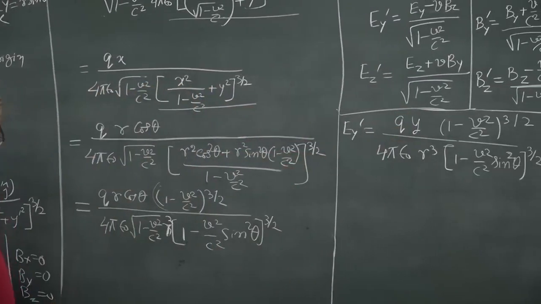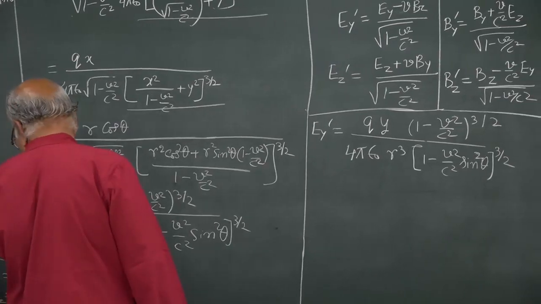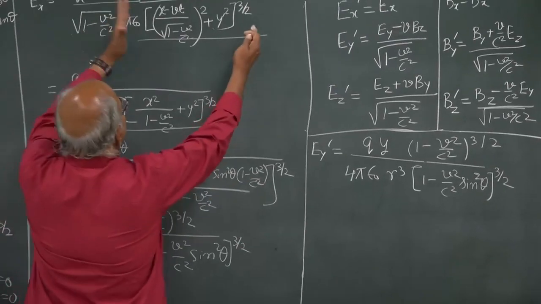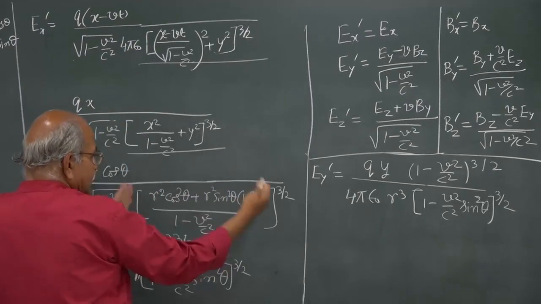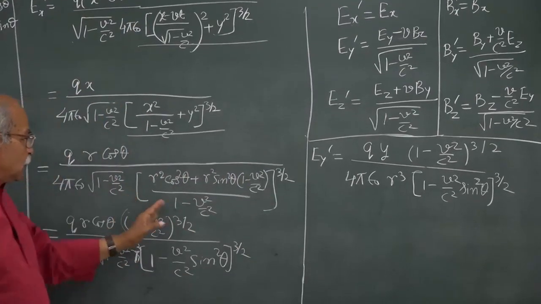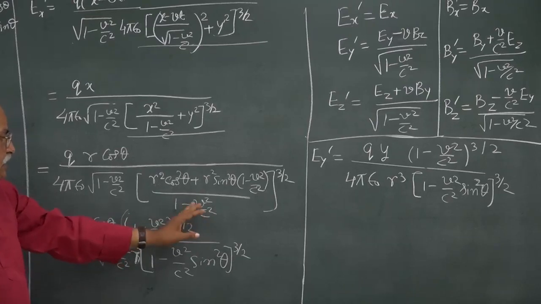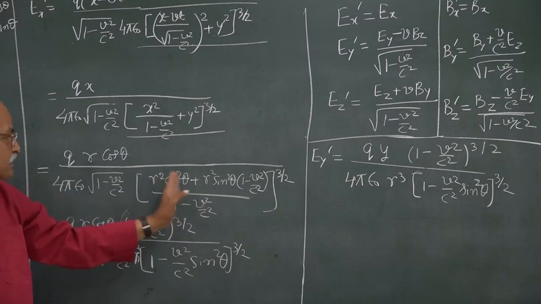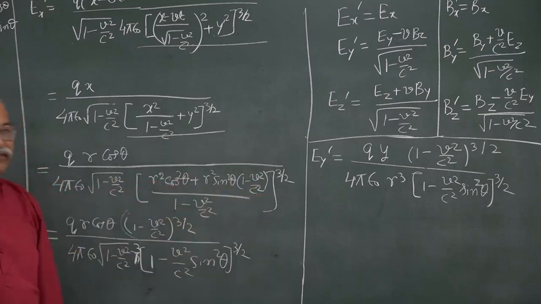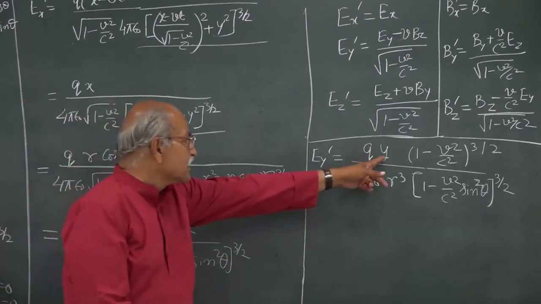The rest is only this denominator, and this denominator is the same as this denominator, and that denominator is here. So, 1 minus v square by c square goes up with power 3 by 2, right, and then it is left with this, and that is here. So, this is E y prime. You can write this as r sin theta.